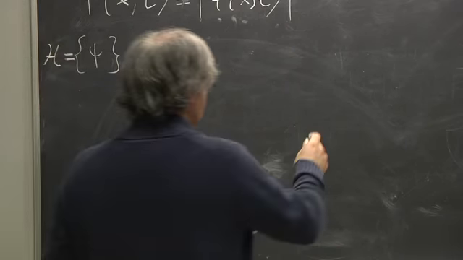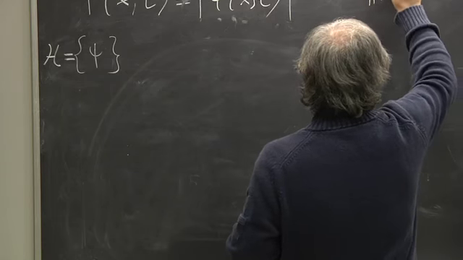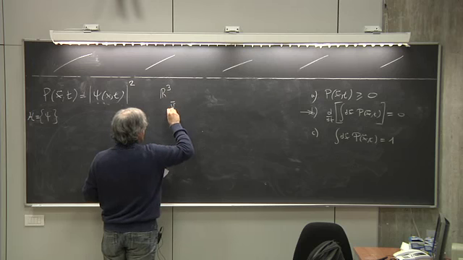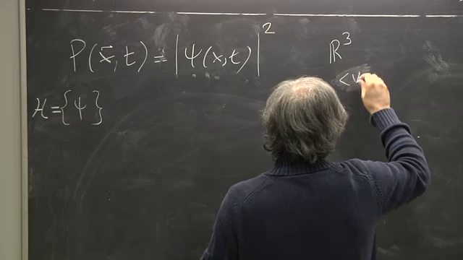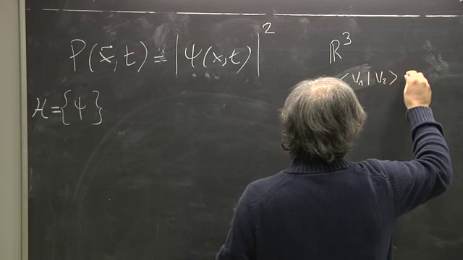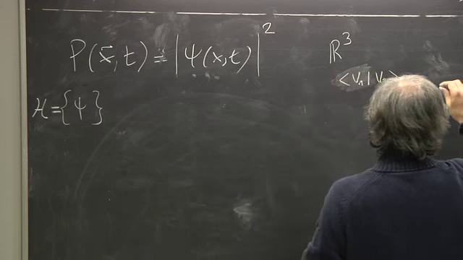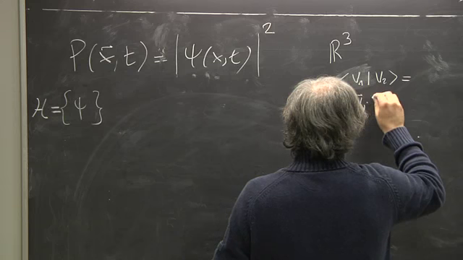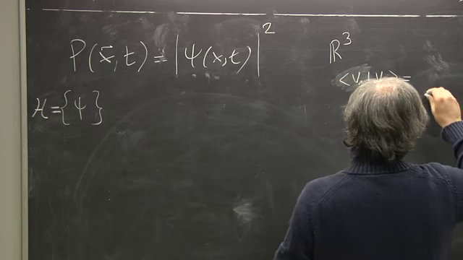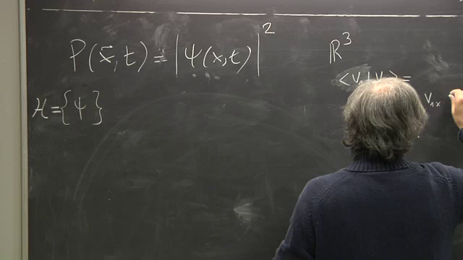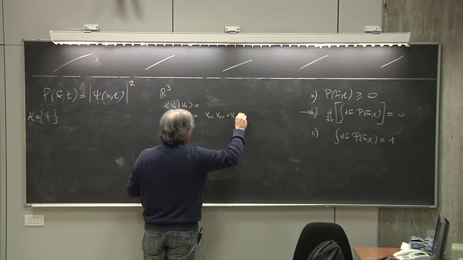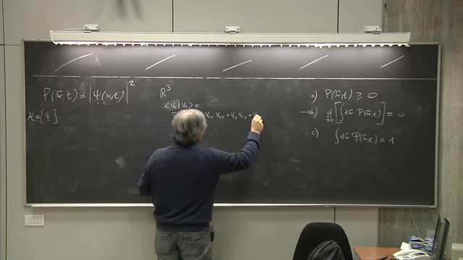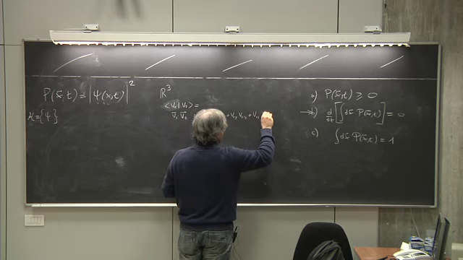So, for instance, in the 3D case, R3, you have a vector, and you have a scalar product, in fact, V1 scalar product V2 is equal to, or sometimes indicated like that, same thing. This is equal to component X plus component Y plus component Z, okay?